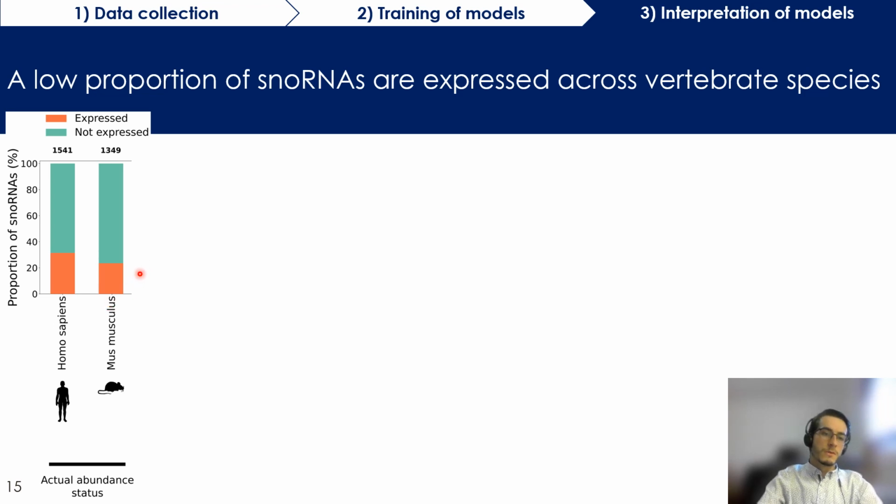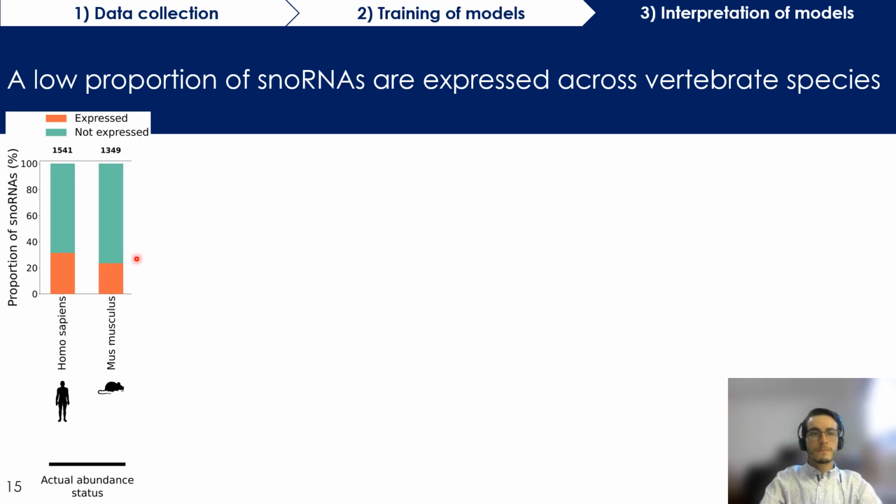Interestingly, and what's not shown here, is that when I applied the logistic regression based on the top 4 features that I use, so box conservation, global stability, terminal stem stability, and whether the host gene is expressed or not, we found almost exactly the same proportion, around 25% of expressed snoRNAs.